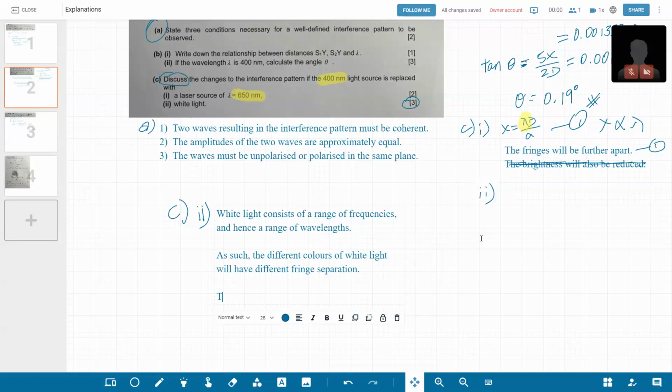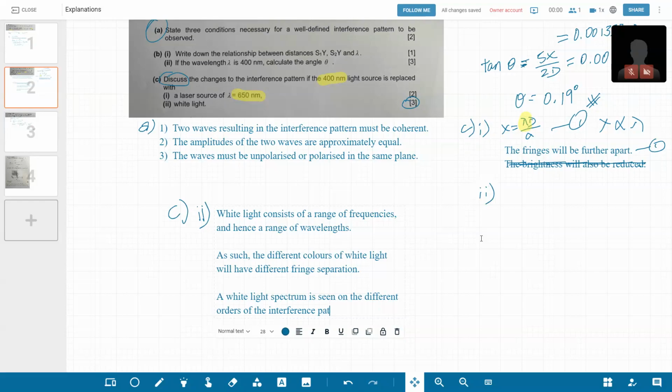So the fringes, or the interference pattern, or what we'll see is a whole white light spectrum, okay? So we'll see a white light spectrum is seen on the different orders of the interference pattern. Okay, something to this effect.